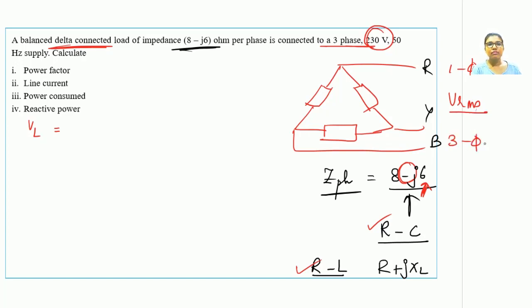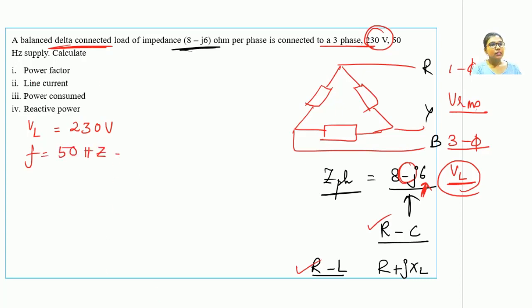For a three-phase, it is a line voltage, unless it has been specifically mentioned that the phase voltage is given to you. So the value of the line voltage is given as 230 volts. At the same time, the value of frequency has been given to us as 50.